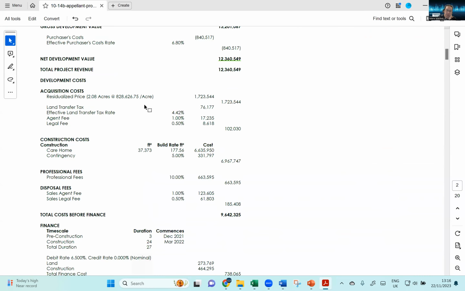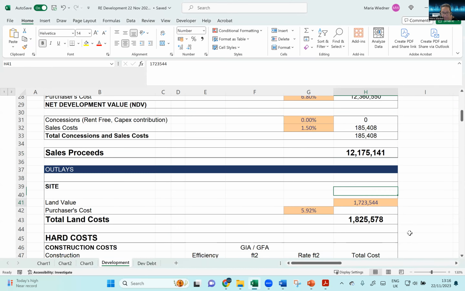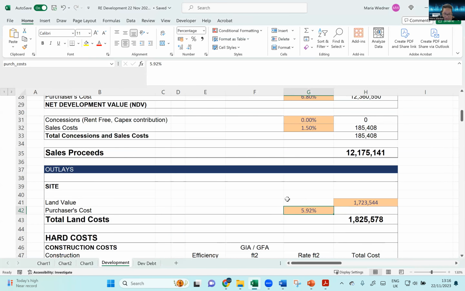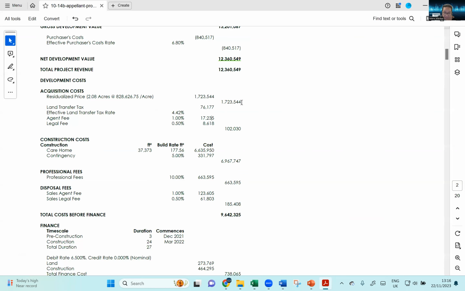So now what they do here is that they find the residual value. So here they put explicitly the residual value is 1.7 million. So we add the 1.7 million here, and then they say there is a 5.92% purchase cost. So that's the net value here. So they added the 102 afterwards.